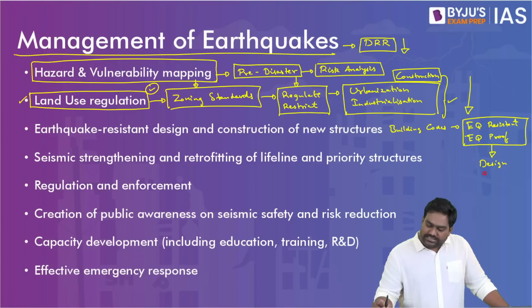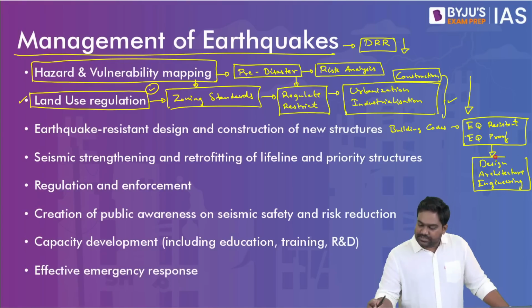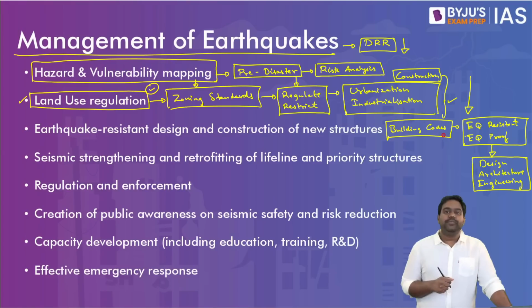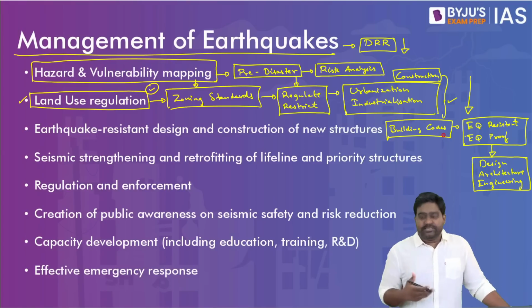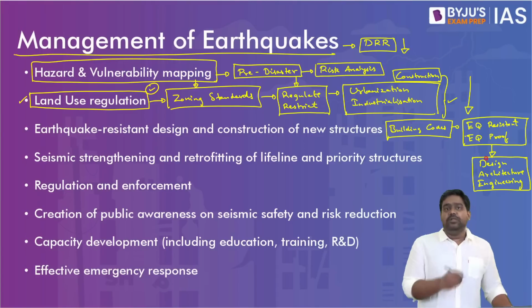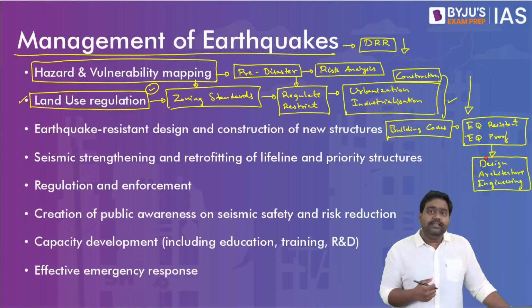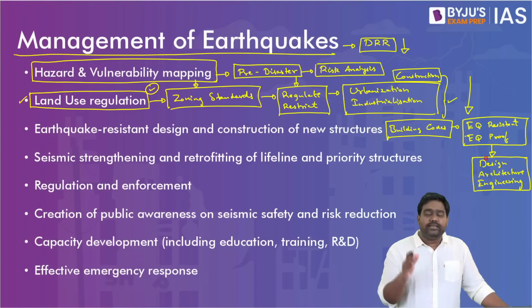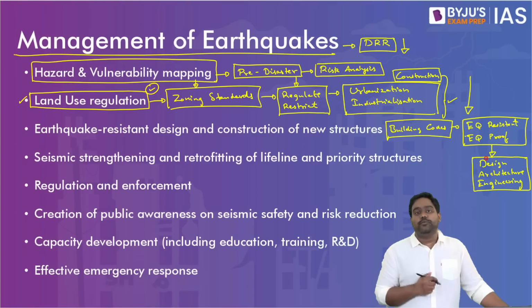So as part of the design, as part of the architecture itself, we can implement a few engineering solutions through which we can make our buildings and infrastructure earthquake proof or at least earthquake resistant. There have been enough advances in the field of engineering and architecture through which several buildings and even critical infrastructure can be made earthquake resilient and earthquake proof.